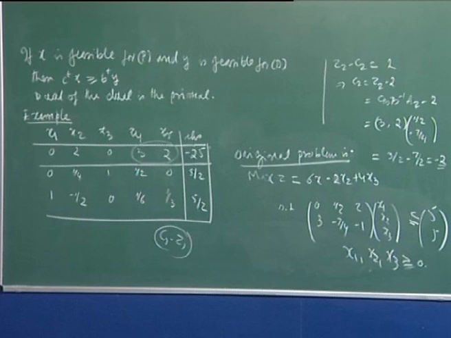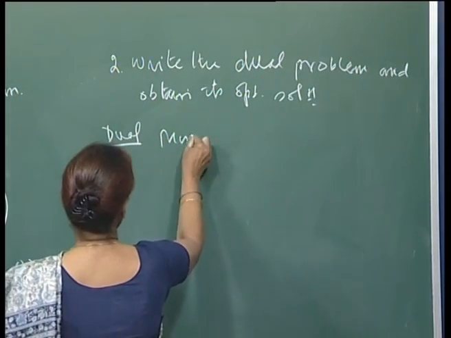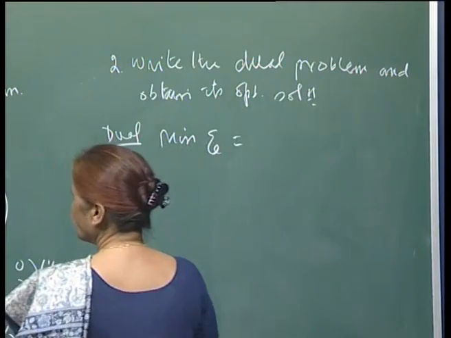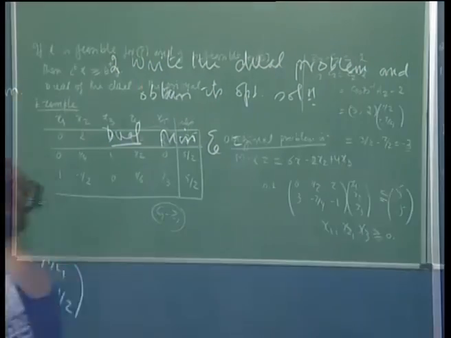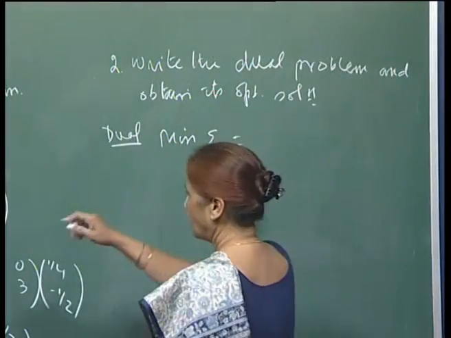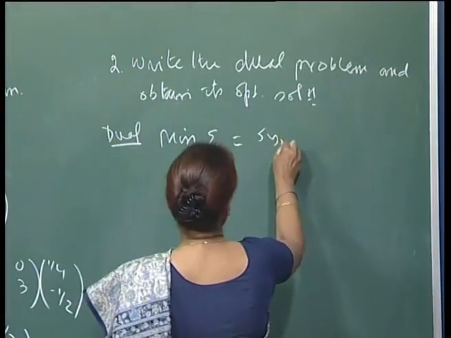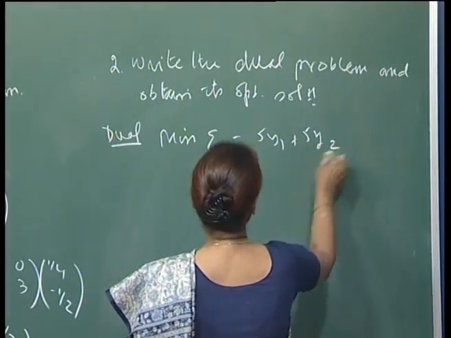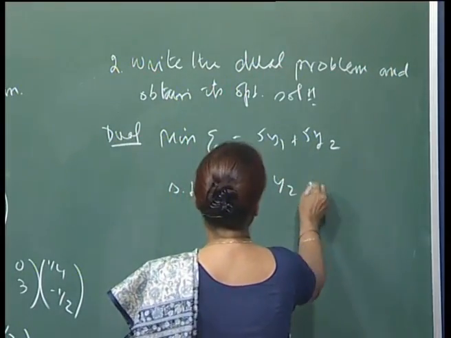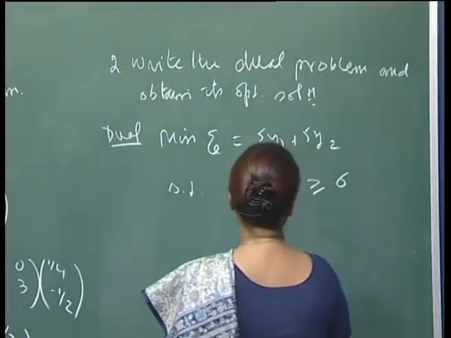So, the dual would be, in this case, a minimization problem: minimize psi equal to, so these become transposed, right. First 5, 5. So, this will be 5y1 plus 5y2, subject to y2 greater than or equal to the objective function coefficient 6.